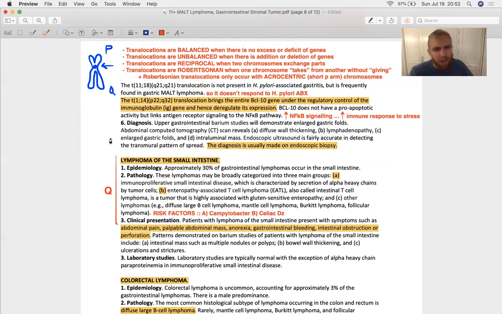So you've got a t(11;18) and then a t(1;14) translocation, and they both involve nuclear factor kappa B signaling. NF-kB is a transcription factor that allows transcription of a specific set of genes involved in the immunologic response to stress.